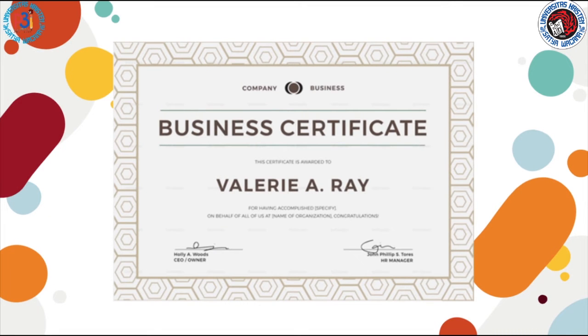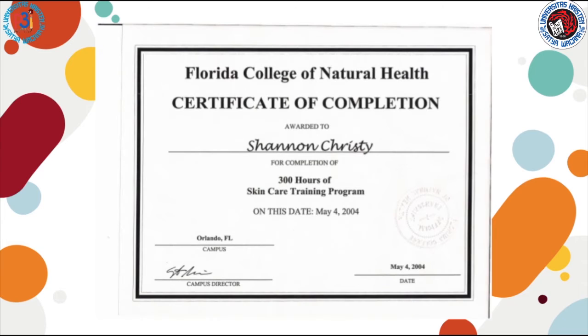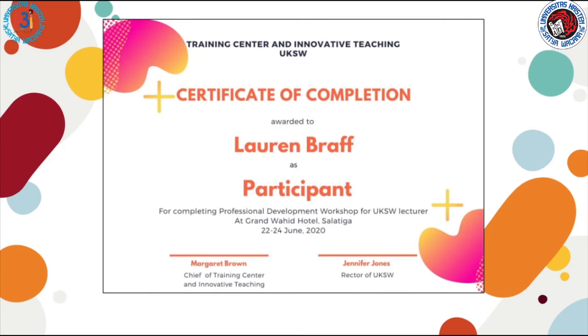This is the example of business. I have an example of a health certificate. It's about education. We made it by ourselves. We wrote training center and innovative teaching UKSW, which means P3I.